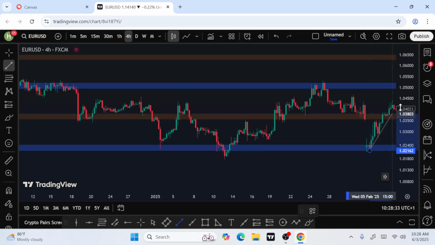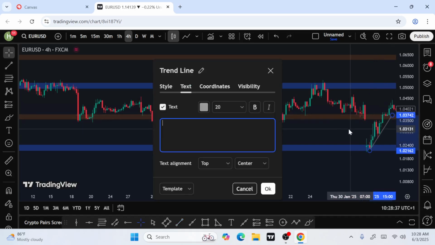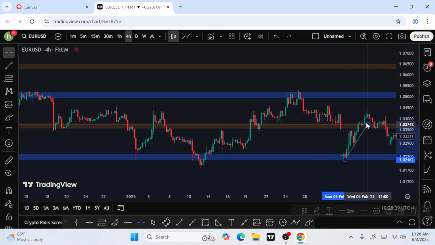Boom. And you connect it with the second one and straight into the future. Now this market continues, boom, but changed behavior at this point and came all the way down, broke out from this trend line.